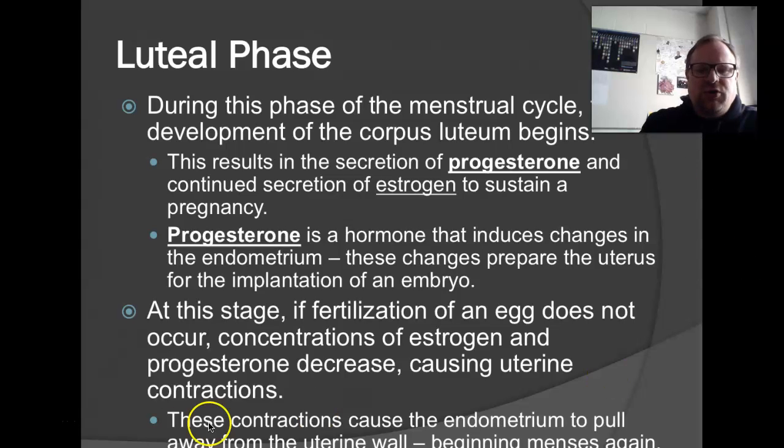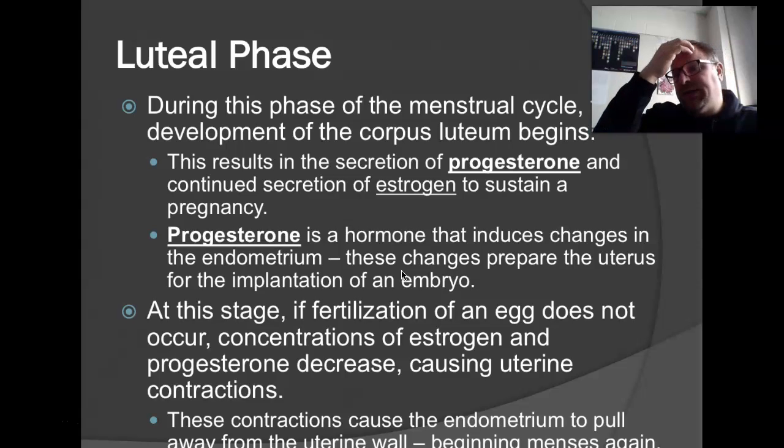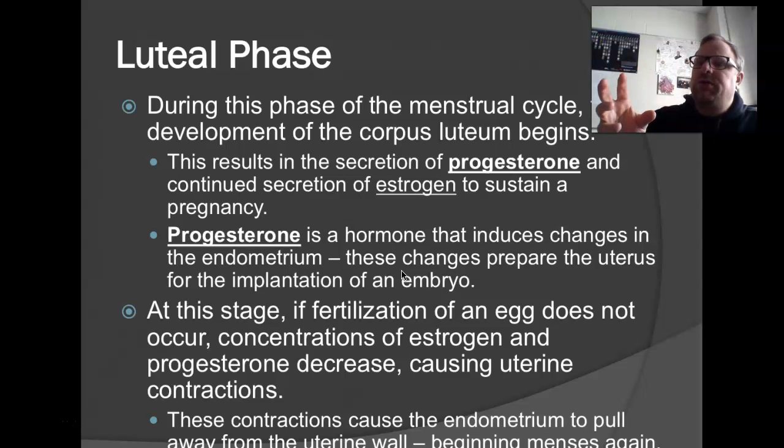So these contractions cause the endometrium to pull away from the uterine wall, and so menses, the beginning of flow phase, starts again. One of the things that progesterone does is it inhibits uterine contractions. So when it's active, it is preventing the uterus from doing little contractions, which would dislodge the endometrium.